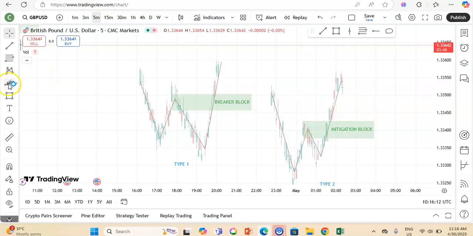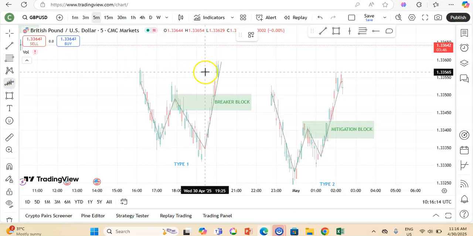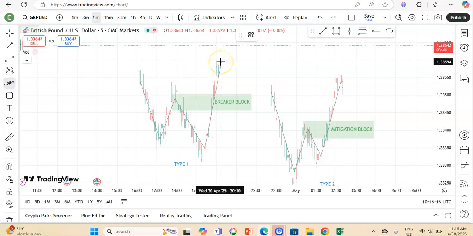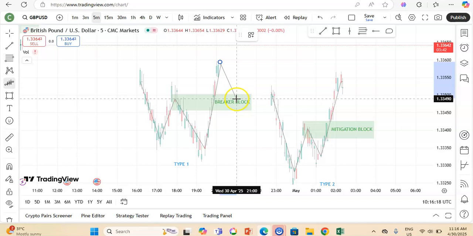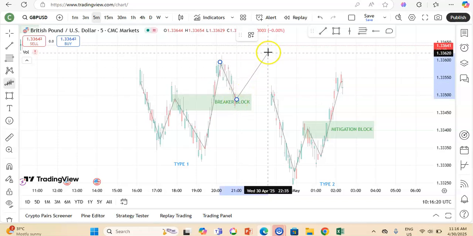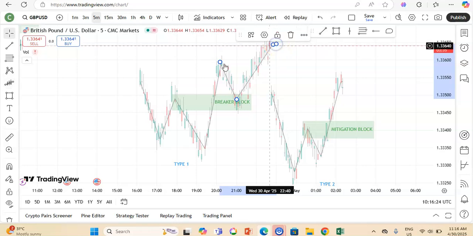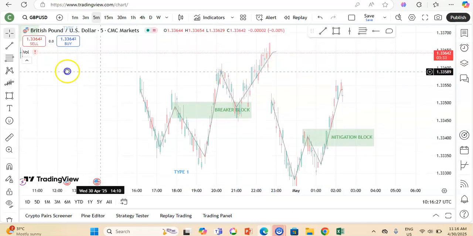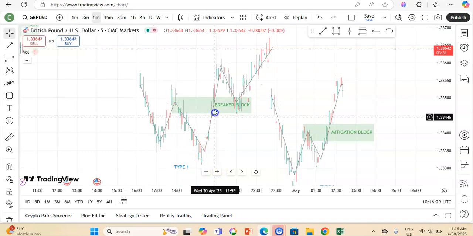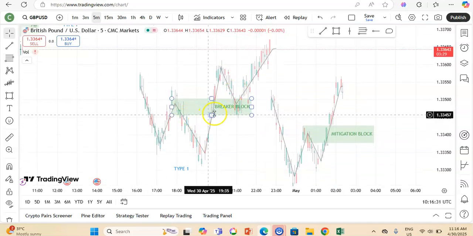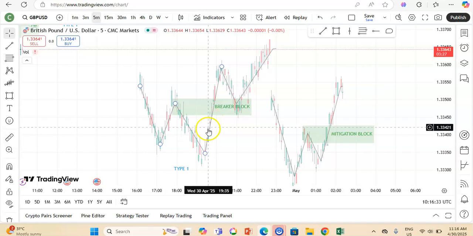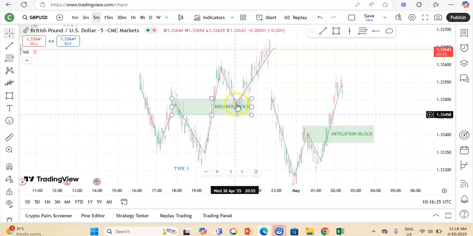So what is our expectation now? We're expecting price to go from here, come down to our breaker block and go up. That is the first thing that can happen. But if it doesn't come down to a breaker block, maybe there's a fair value gap here or there's an order block here.